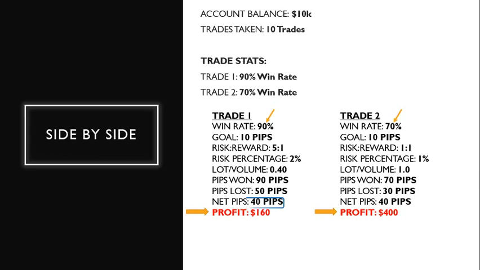All right. How many pips did we make? Same amount of pips. So more pips equals more dollars? It depends, right? A higher win rate equals more dollars? It depends, right? In this scenario, the lower win rate made the bank by more than double, right?